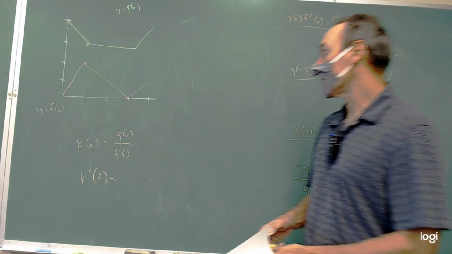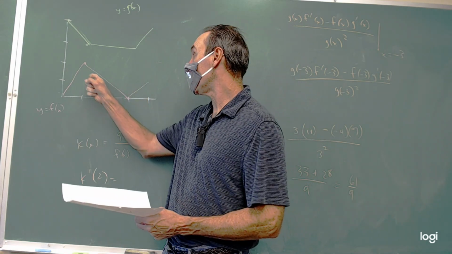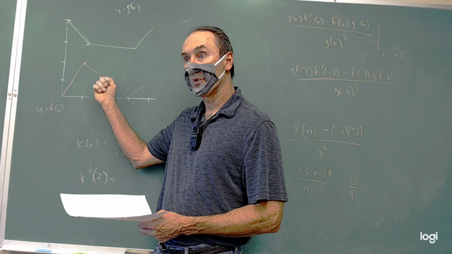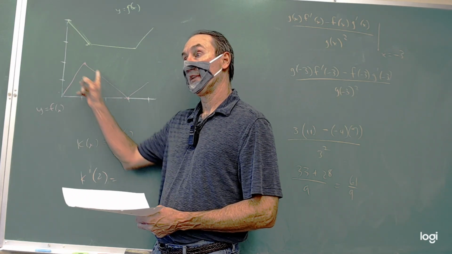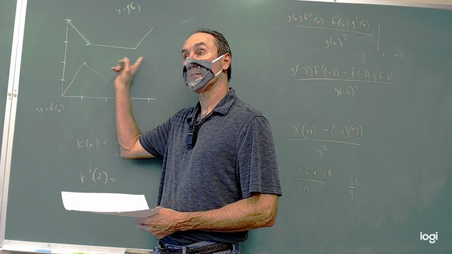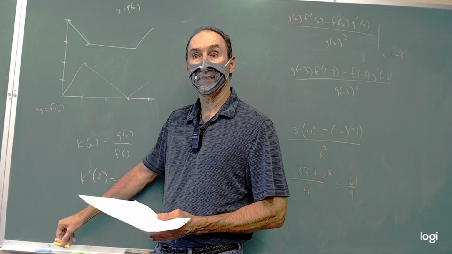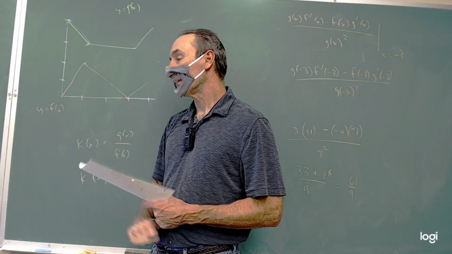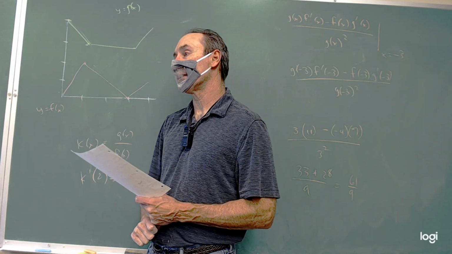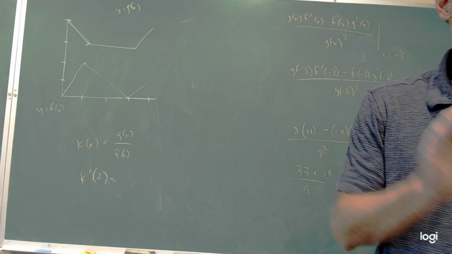Anyway, the idea is, we have a graph, so you can tell what the value of the function is by its y-coordinates. And when these are straight line segments, its derivative is going to be the slope of that line segment. So you can still evaluate it in that way. Does that make sense? There's an instructional support video if you need some more clarification, where some of these are worked out.